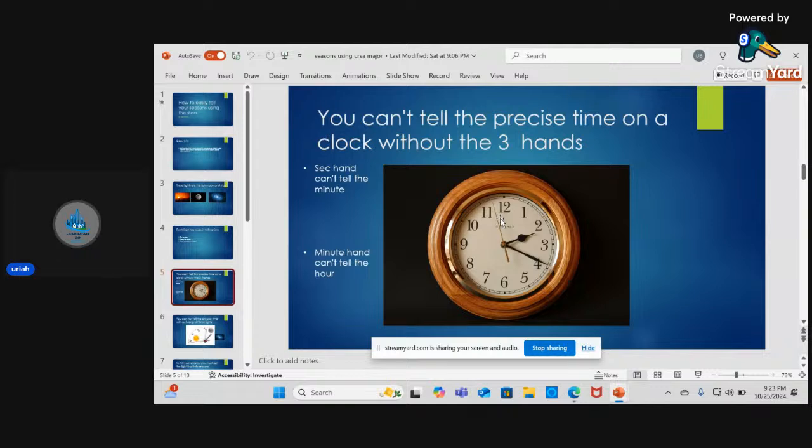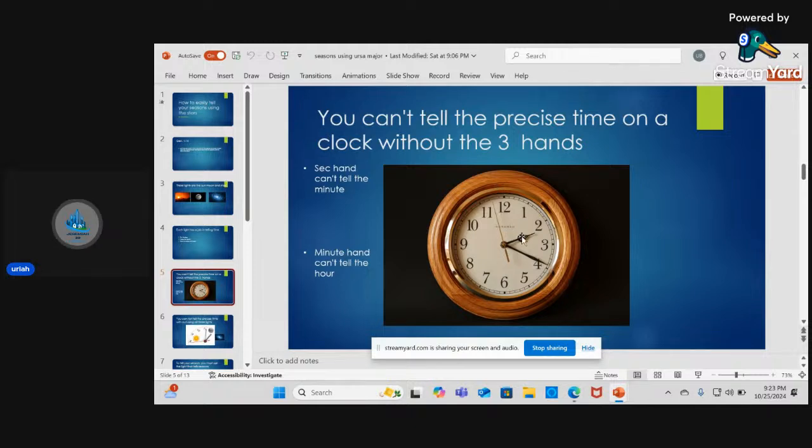Now, if I was to take the hour hand off and someone asks me what time it is, I can't give them the particular hour. I can only give them the minute or the second.